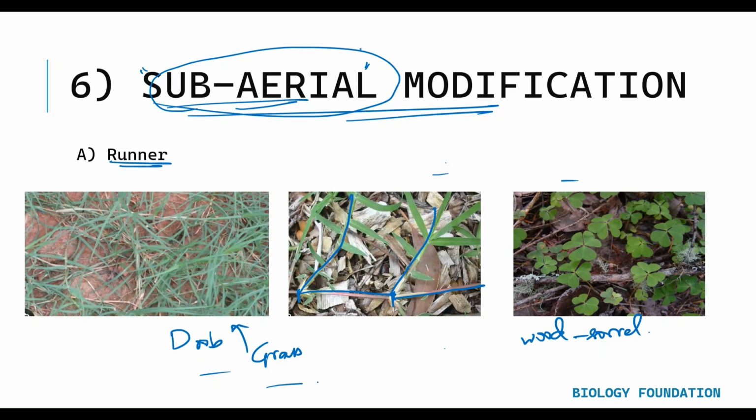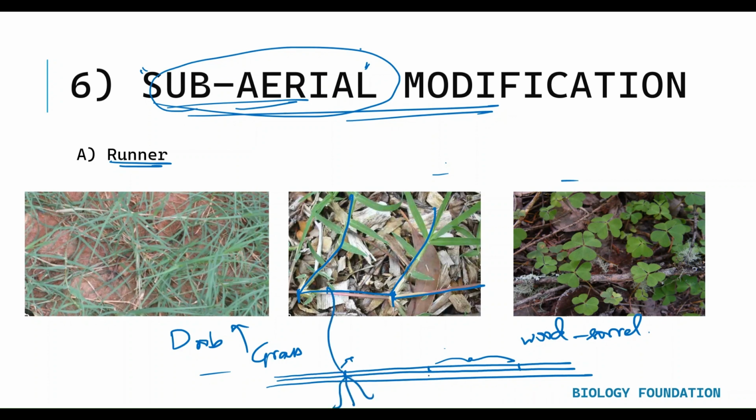Okay, so if this is the soil, you can see the stem growing horizontally. The stem is divided into nodes and internodes. These are internodes. This is the node. And near the node region, roots start developing, a new plant develops. That is a runner.